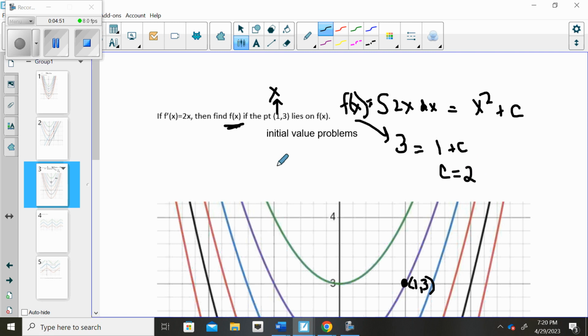Okay, so then for my final answer, I would write y equals, or f of x equals, x squared plus 2. Okay, so let's look at one more of these examples.